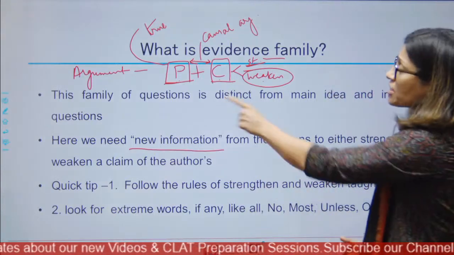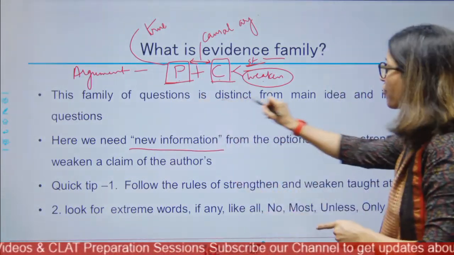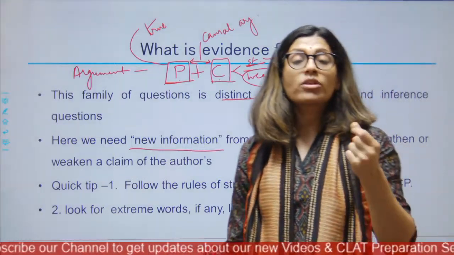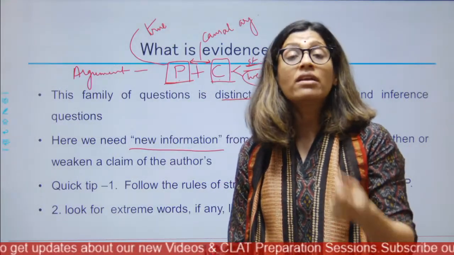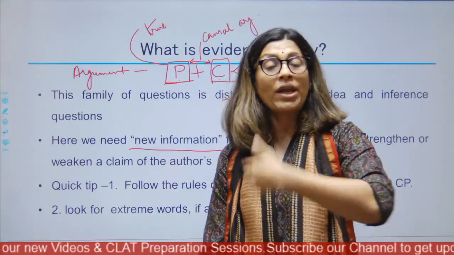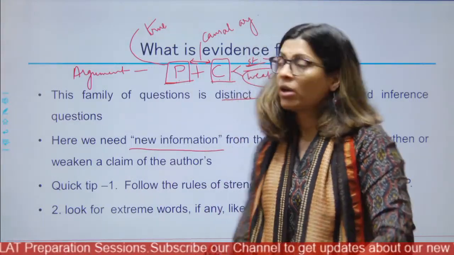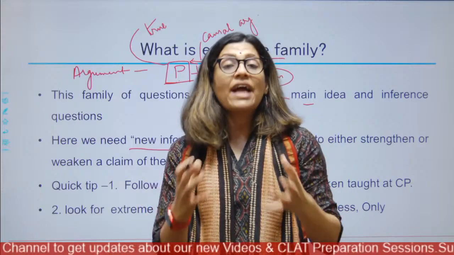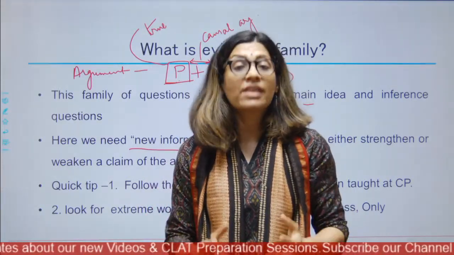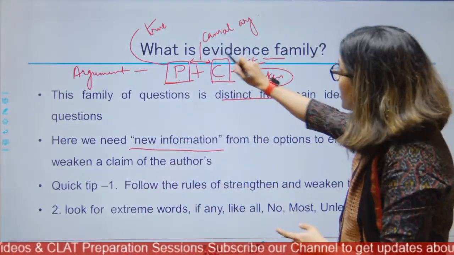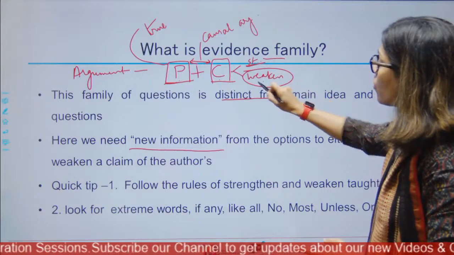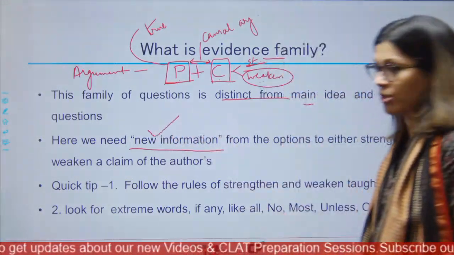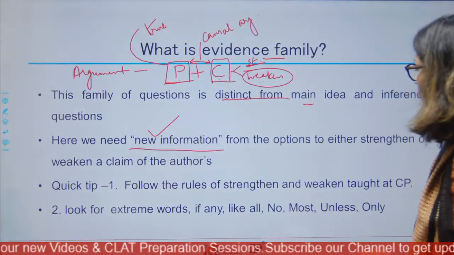So that means this family of questions is very different from main idea questions. Main idea would be the second or third class that you would have done on LMS or in our classroom. In main idea, we only have to read and identify the conclusion or summarize the argument. But in the evidence family, of which strengthen and weaken is a part, you have to provide new information. Right?